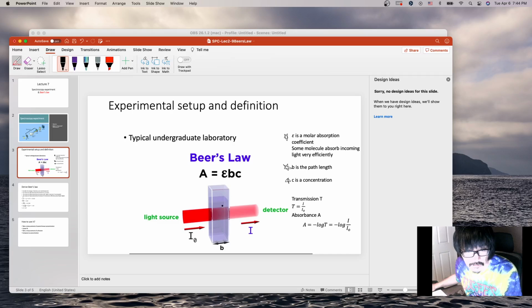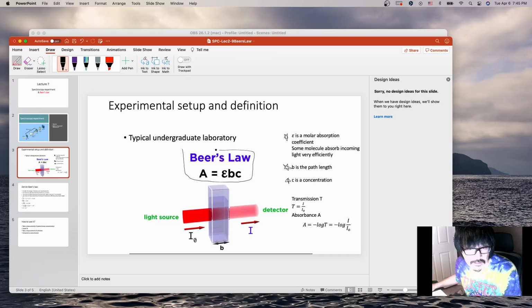If you have a diluted sample, the transmission coefficient is going to be large, and if you have a concentrated sample, then you're going to have a small transmission. And then absorbance is actually the negative log of T, which is the negative log of I over I naught. So that's Beer's law right here.